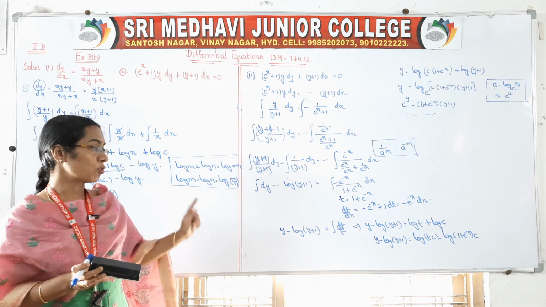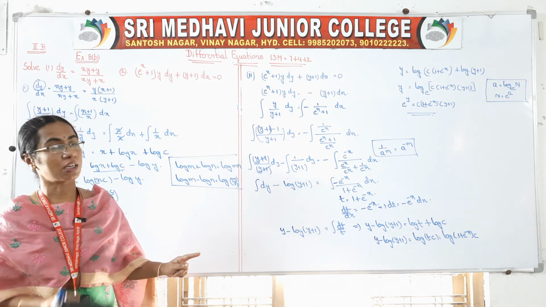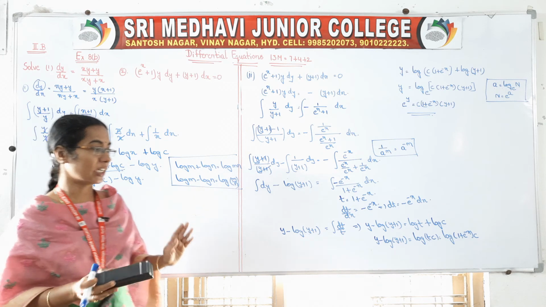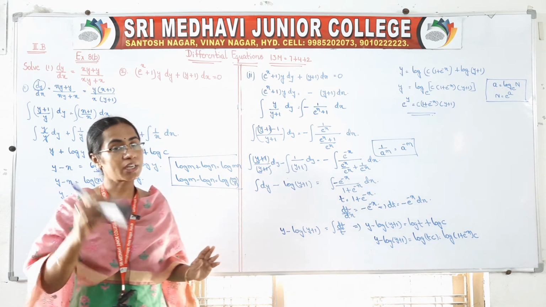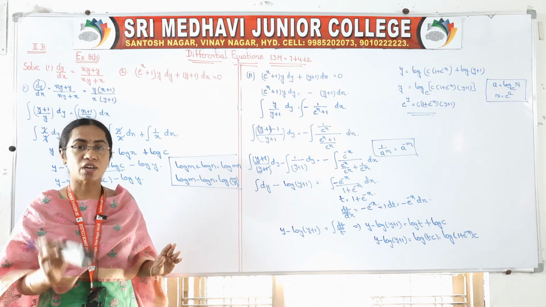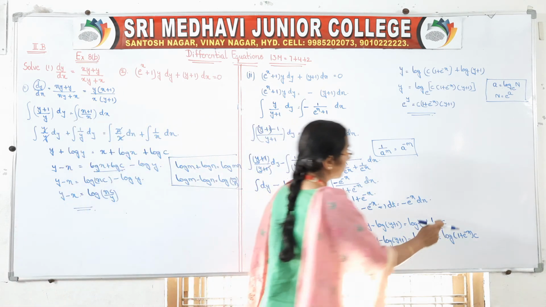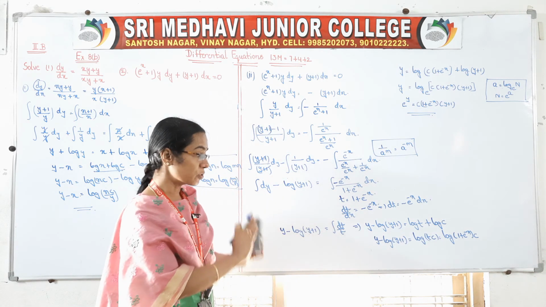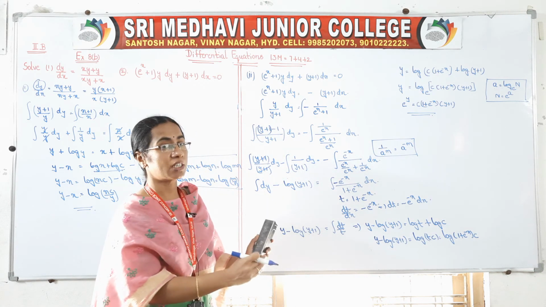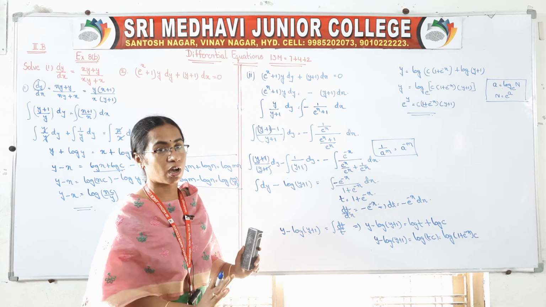But here most of the values are in terms of log. So whenever after the integration most of the values are in terms of log, we have to take the constant also in terms of log. So we have taken plus log c instead of c here, since most of the terms are in terms of log.